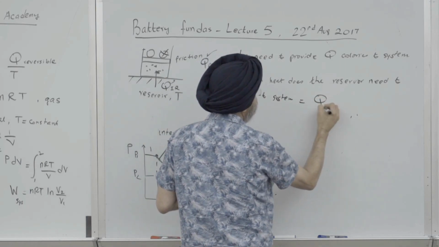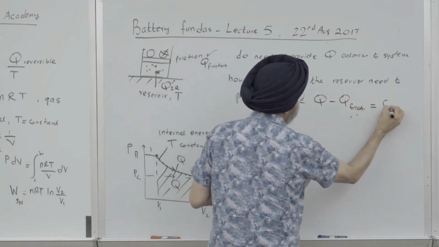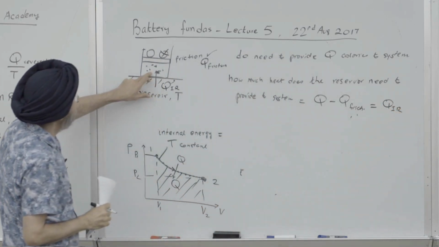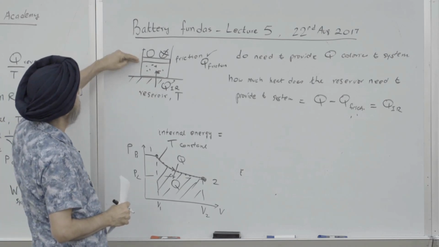It is equal to Q minus Q friction, and that's Q IR.